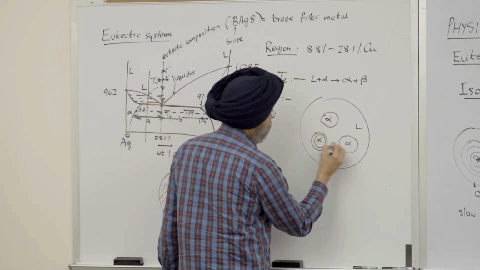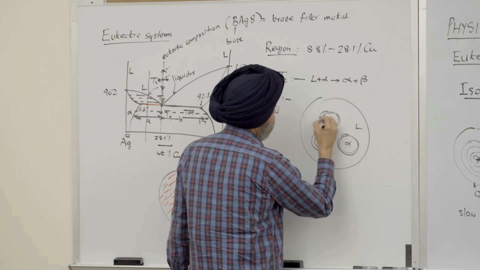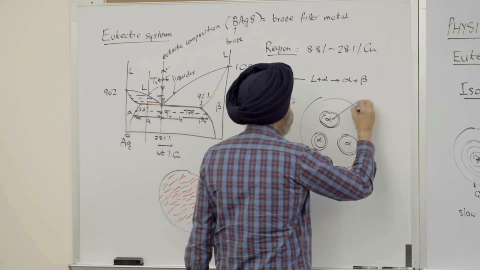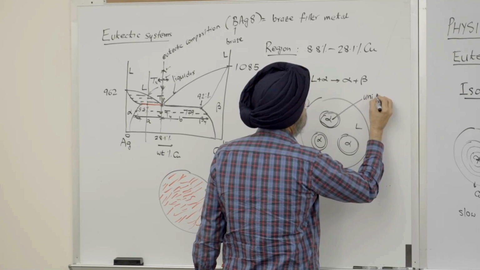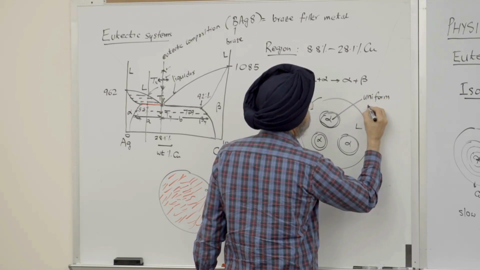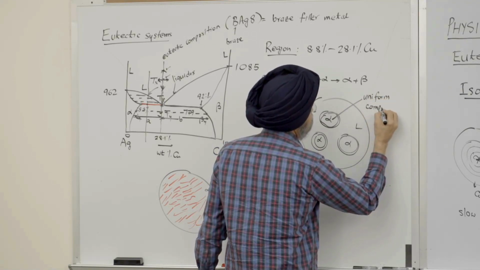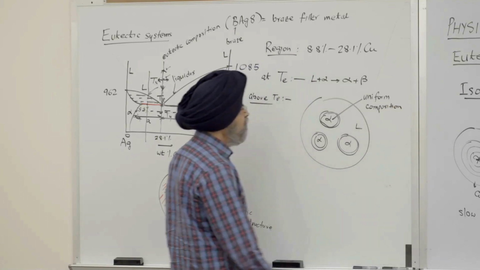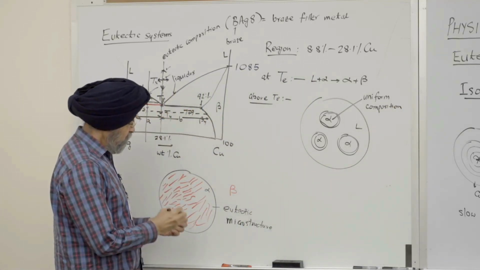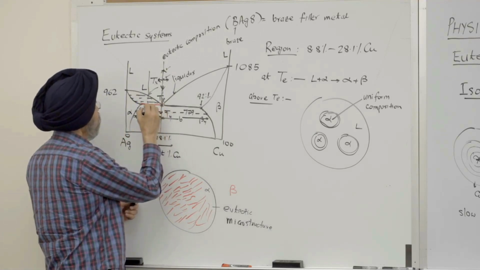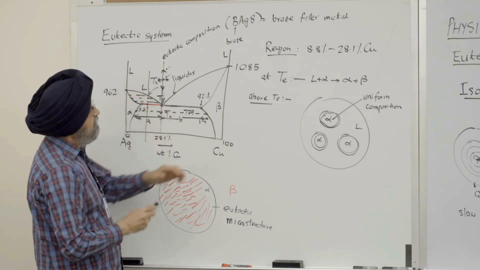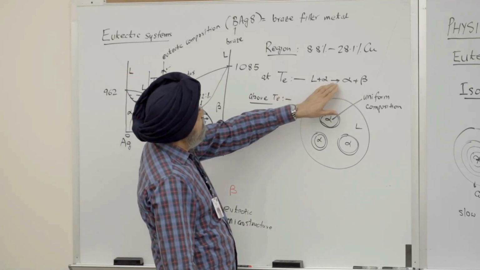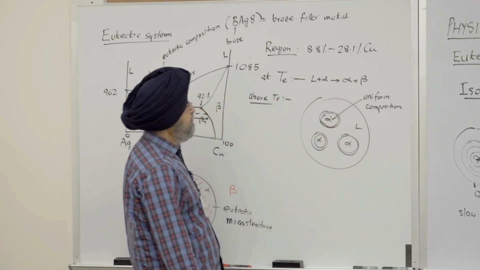So alpha grows, and we're assuming within the alpha, you have uniform composition, because we're dealing with equilibrium cooling. So once we get to the eutectic temperature, now the liquid plus alpha will give you alpha plus beta.